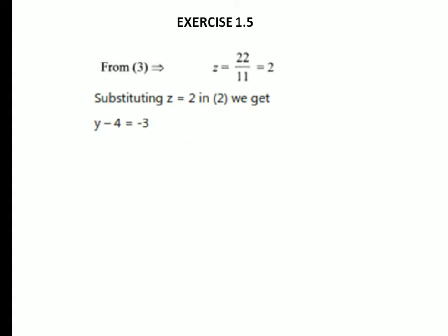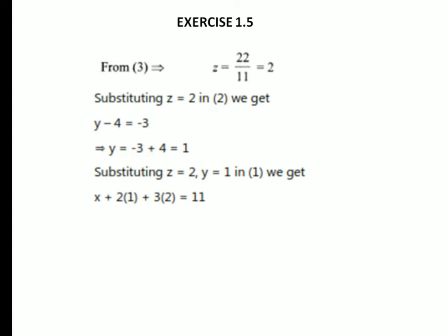Then you get y value equal to 1. Then substitute z equal to 2, y equal to 1 in the first equation. x plus 8 equal to 11. You simplify this, x value is 3. x value 3, y value 1, z value 2.